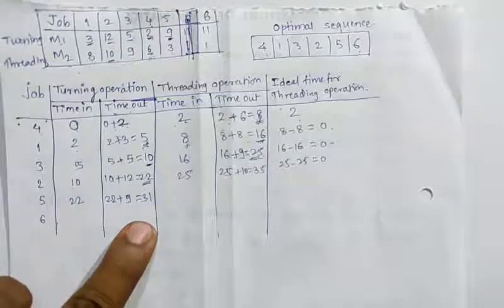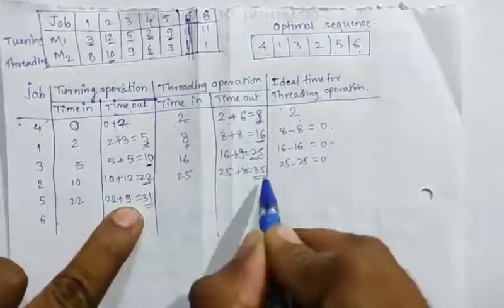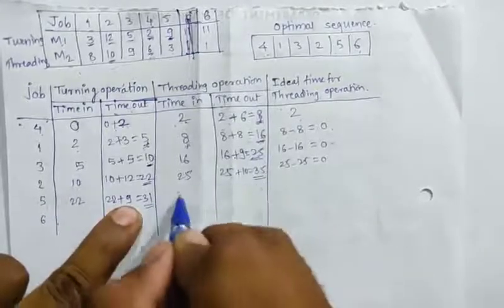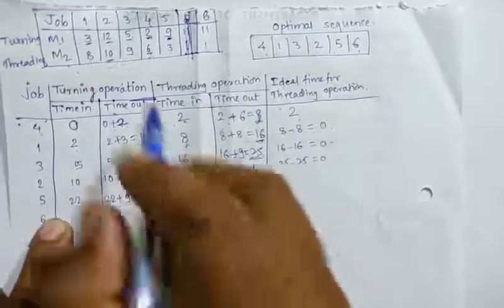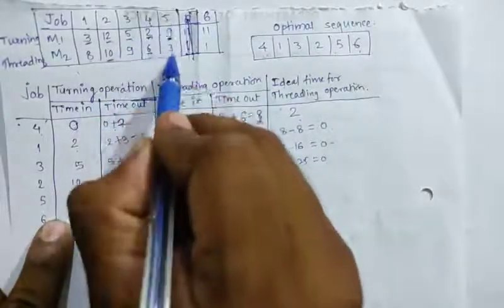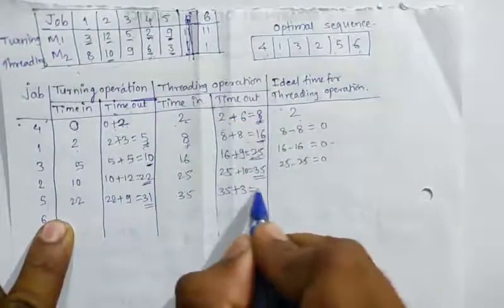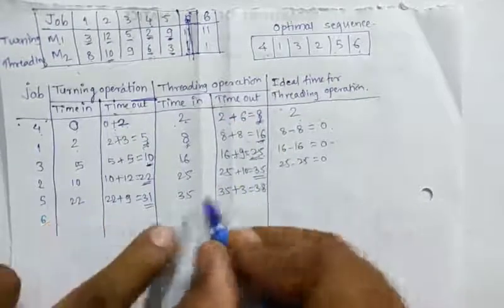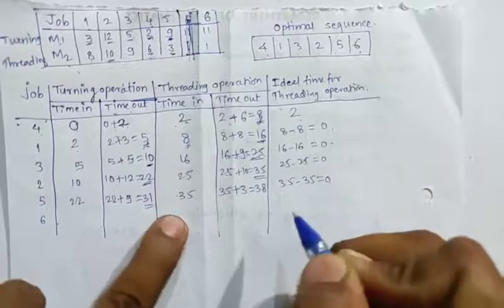Let's see the maximum between these two values. The maximum between these two values is 35. Now 35 plus, for the fifth job M2 requires 3 minutes. So 35 plus 3, which is equal to 38 minutes. The difference between these two, 35 minus 35, is again 0.